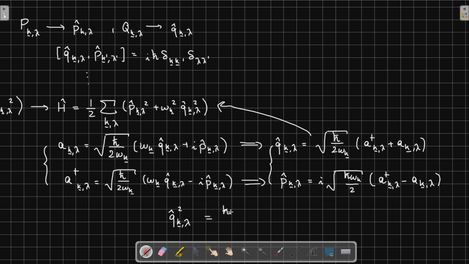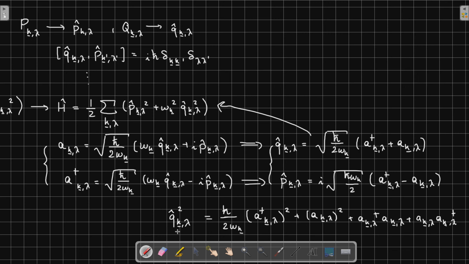That will just be ħ over 2ω_k times ((a†_kλ)² + (a_kλ)² + a†_kλ a_kλ + a_kλ a†_kλ).